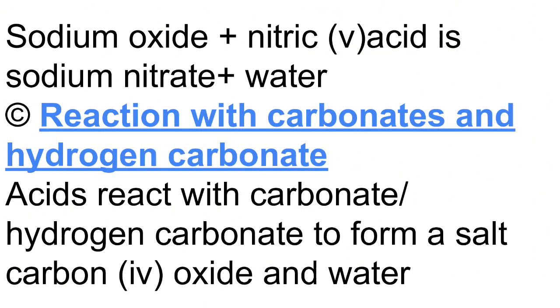I hope you remember, when it is a metal and an acid, two products, salt and hydrogen. An acid and a base, then we get a salt and water. Now with an acid and a carbonate or a hydrogen carbonate we get a salt, water, and carbon 4 oxide gas.